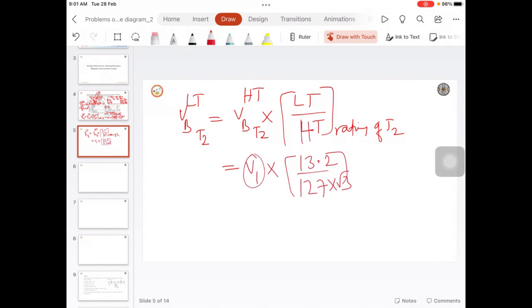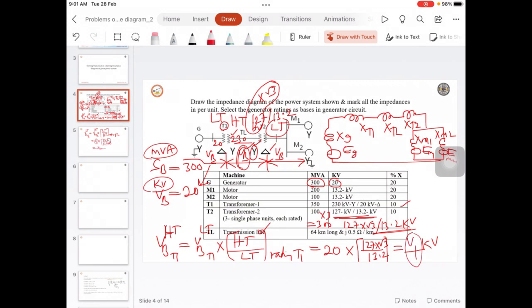So, V1 value is known. You can find the base voltage on the LT side of transformer 2, let it be V2. This is how we can find the base voltage on different parts of the power system.